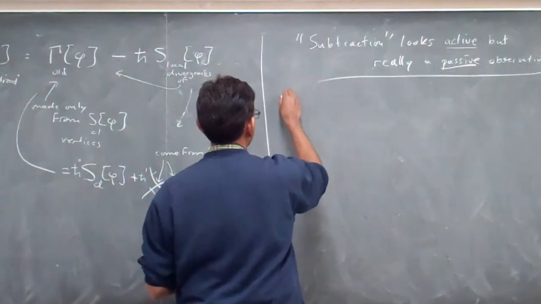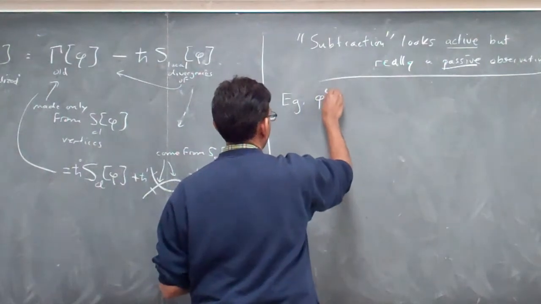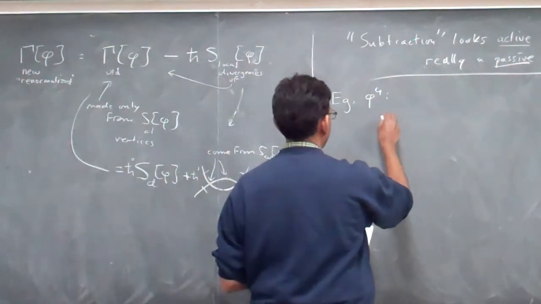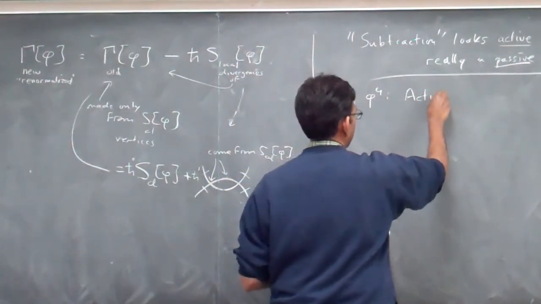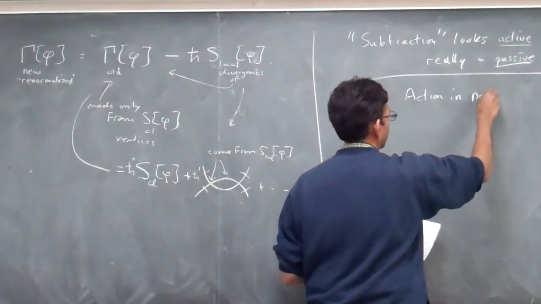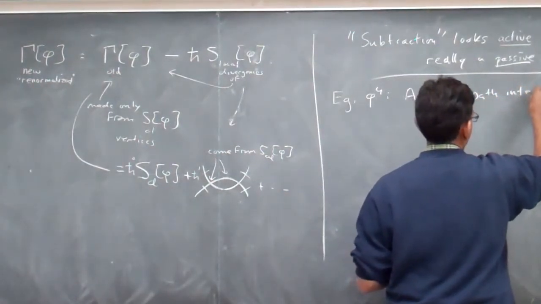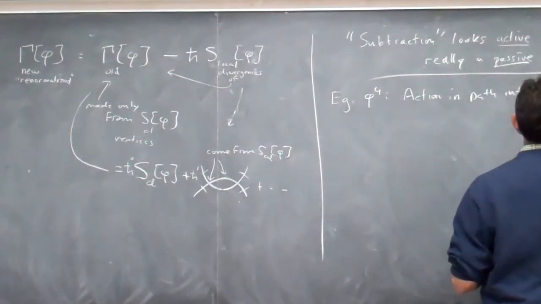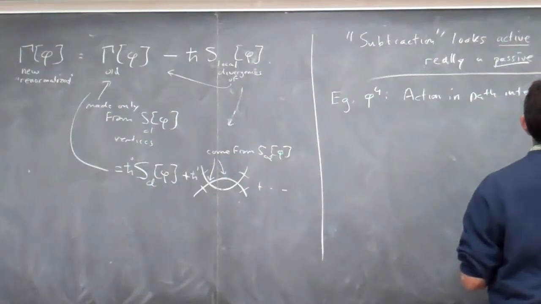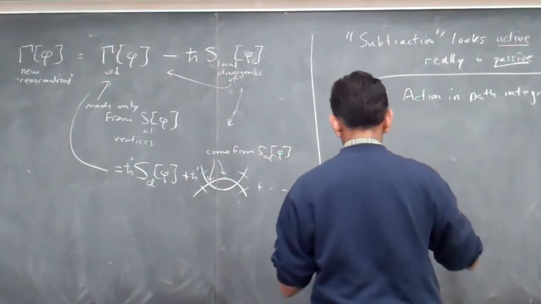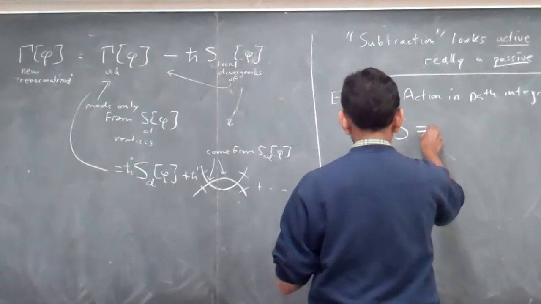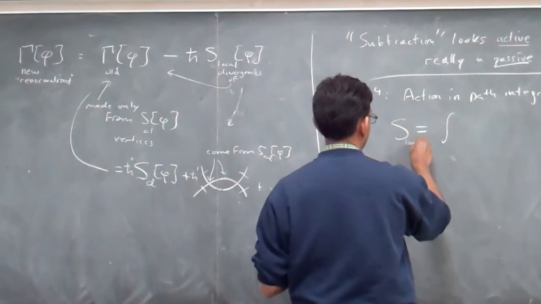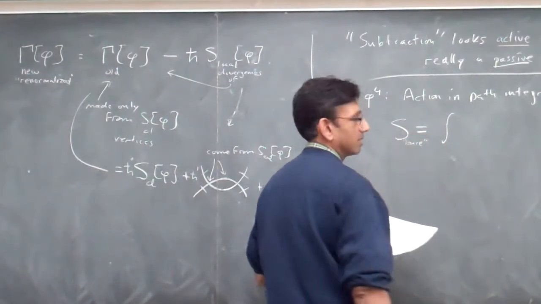So consider, for example, phi to the fourth. So the action in the path integral, or the equivalent Hamiltonian, is S, and it's usually called the bare action.